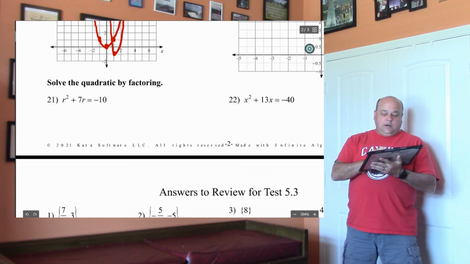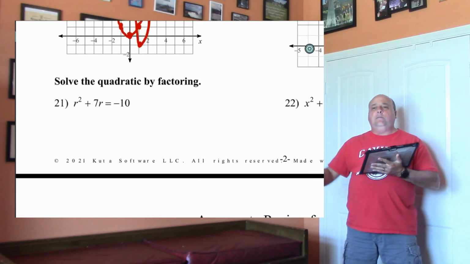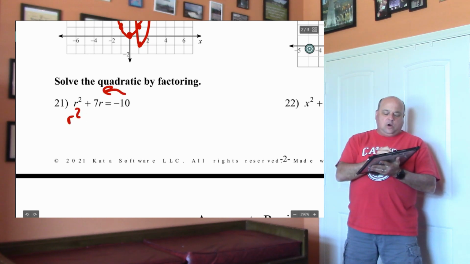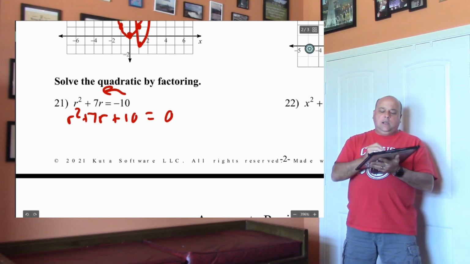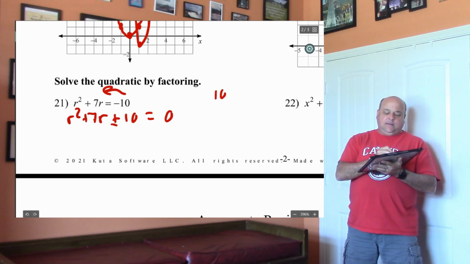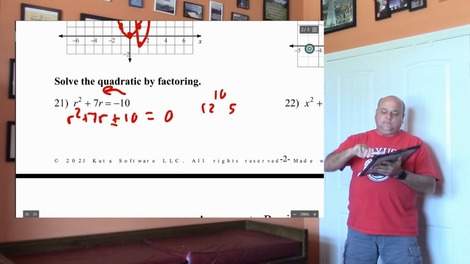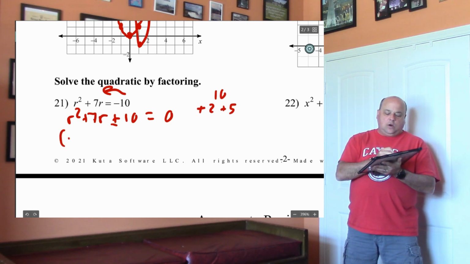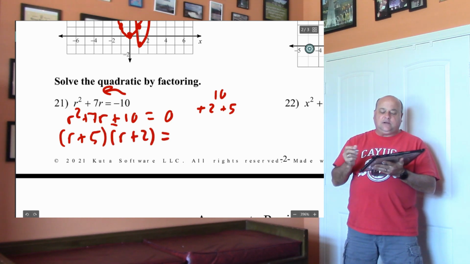And let's go to number 21. The last one we're going to solve by factoring. We need to move over the 10. So r squared plus 7r plus 10 equals 0. And I need the factors of 10 that add up to 7, and that's 2 and 5. Okay, and I need a +2 and a +5, so r plus 5 and r plus 2 are my factors.